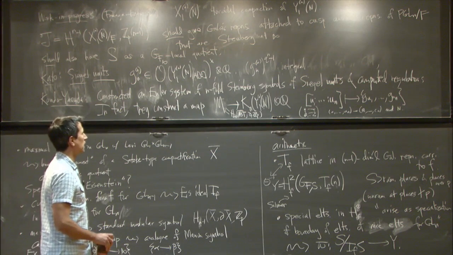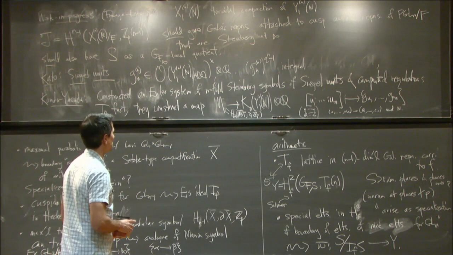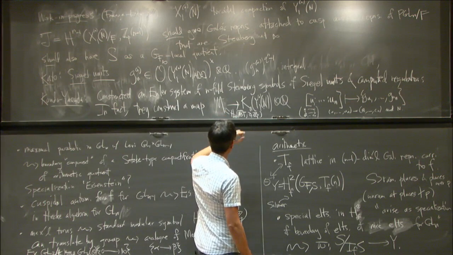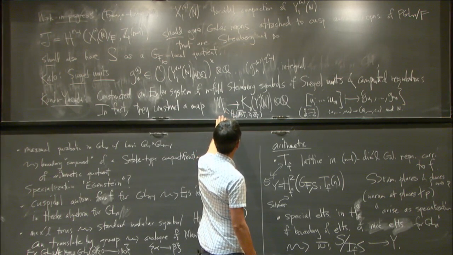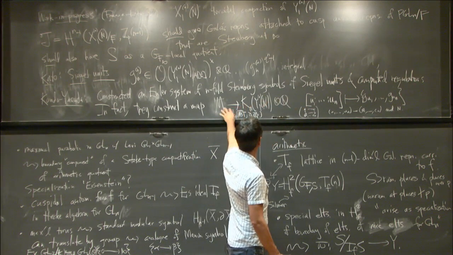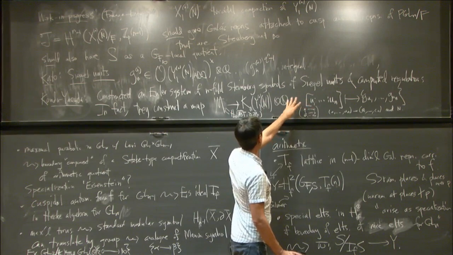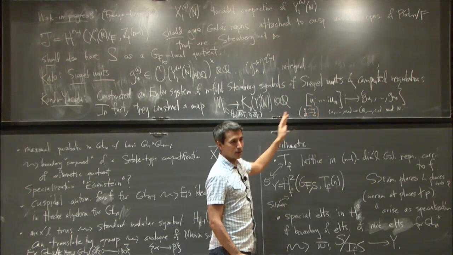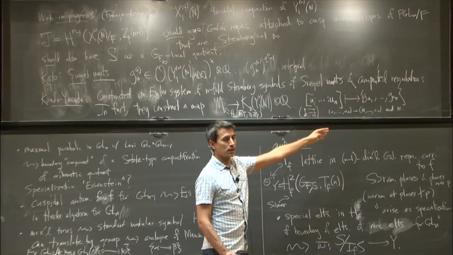I'm not sure I'm accurately describing what they do, but one could imagine that, like what happens in the case of modular curves, the image of this regulator is like M tensor C. The regulator actually lands in something like that.